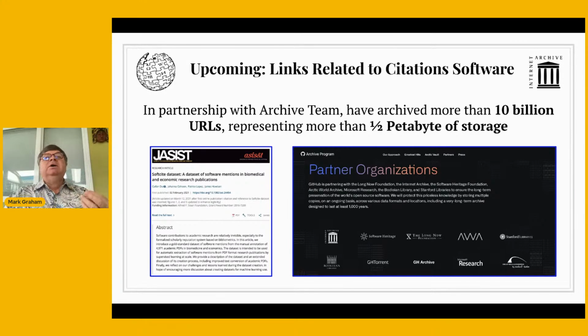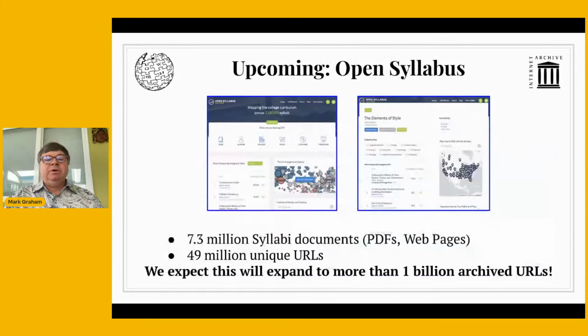You don't just need the data to be able to replicate the work that was done, but you also need access to the methods and the software. So we partnered with GitHub, and we archived about half a petabyte of citations of underlying resources from GitHub repositories, and then we're working with a number of others to link these up.